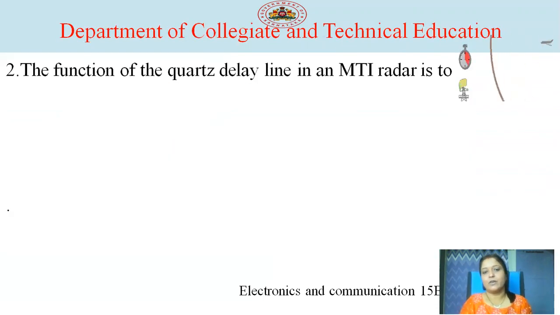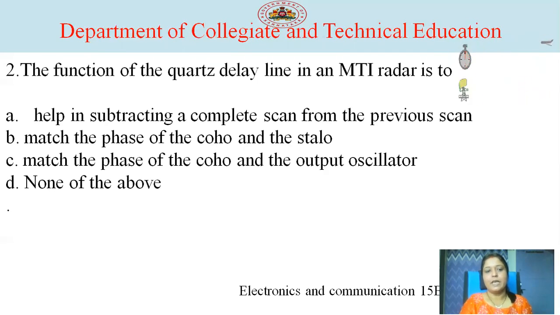The function of the delay line in MTI radar is to help in subtracting a complete scan from the previous scan, match the phase of the Coho and the stable local oscillator, match the phase of the Coho and the output oscillator, or none of the above.